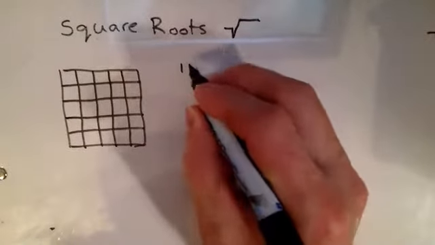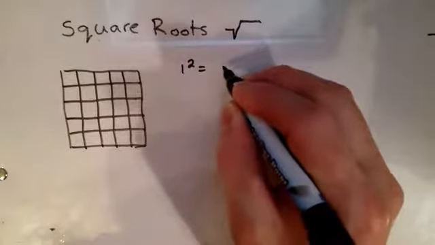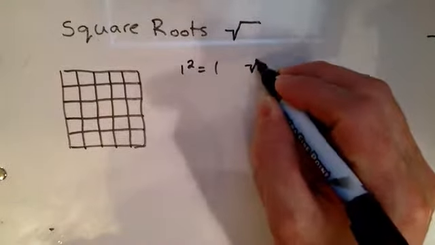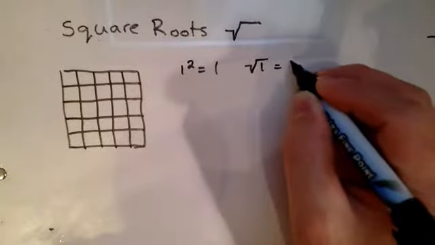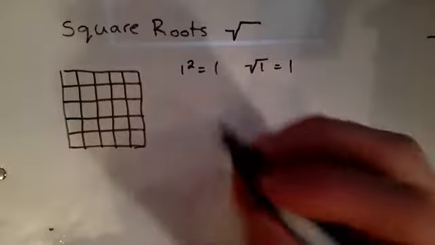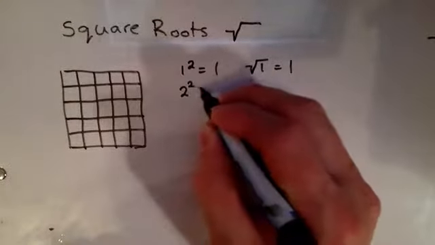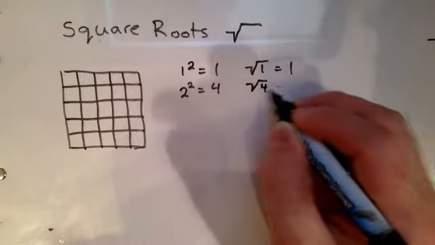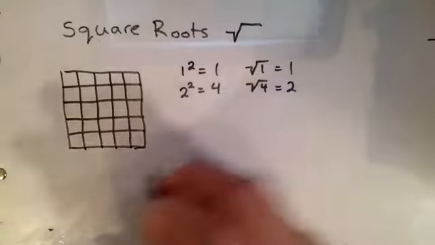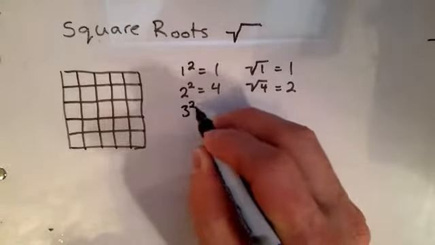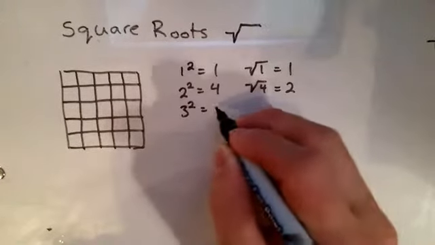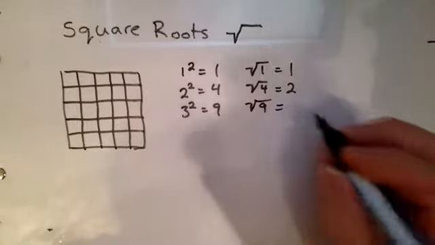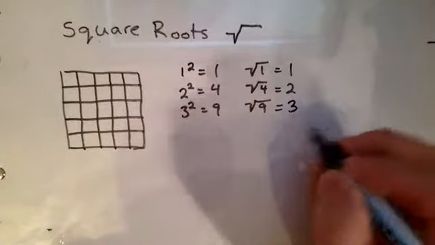So 1 squared is 1. The square root of 1 is 1. Similarly, 2 squared is 4, so the square root of 4 is 2. 3 squared is 9, and the square root of 9 is 3.